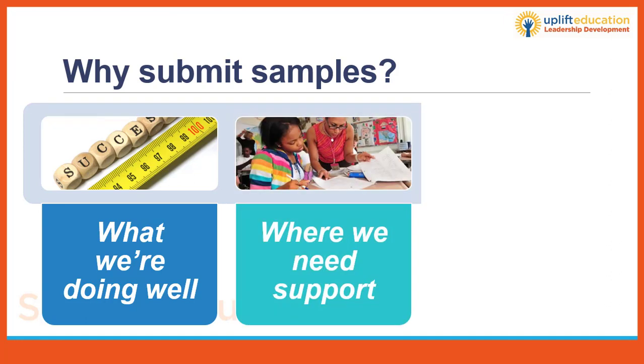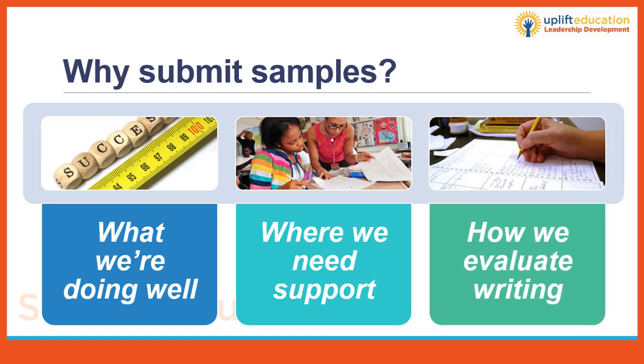Areas where we need some extra support, whether that's for planning and executing the paper itself or developing scholars' ability to write clearly and coherently. And finally, how we evaluate scholar writing across campuses, including our collective comfort level using MYP rubrics to grade papers. I'll use these samples to brainstorm how we can better support all of us in developing kids' research, reading, and writing skills, and what our priority needs to be next year.